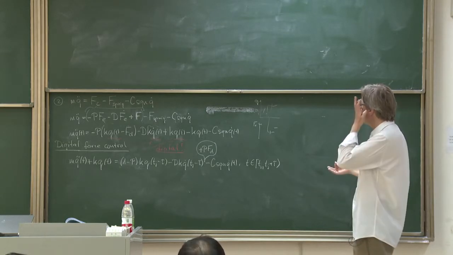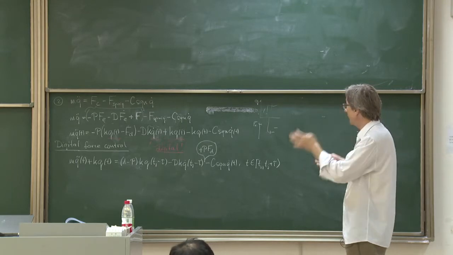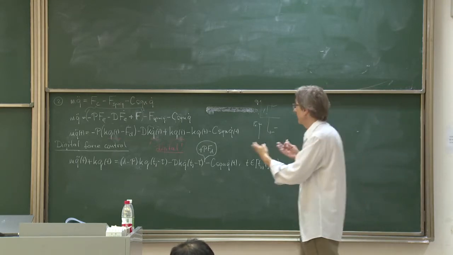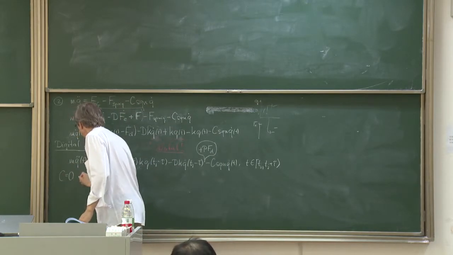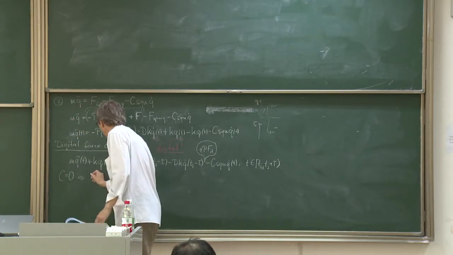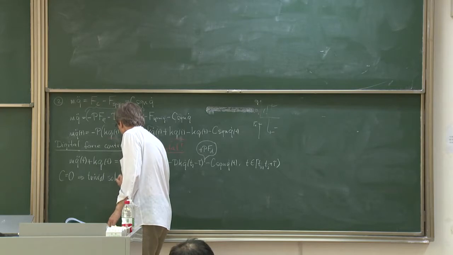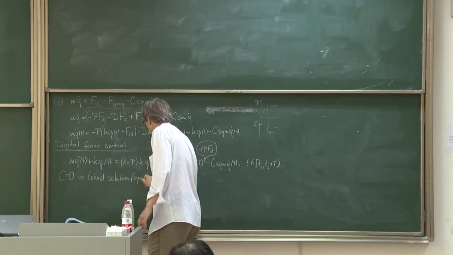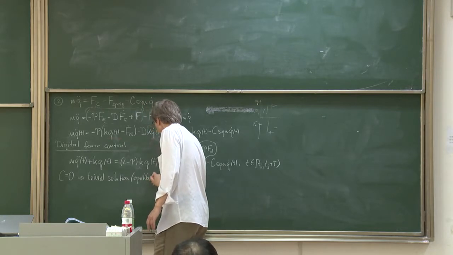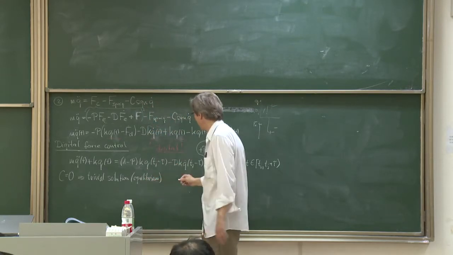Because now, if I try to figure out the trivial solution, okay, when C is equal to 0, then trivial solution, which is the equilibrium, okay, equilibrium, then Q will be constant.